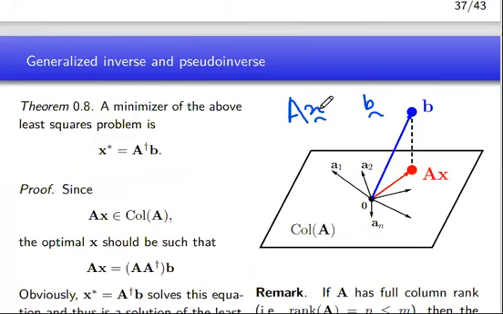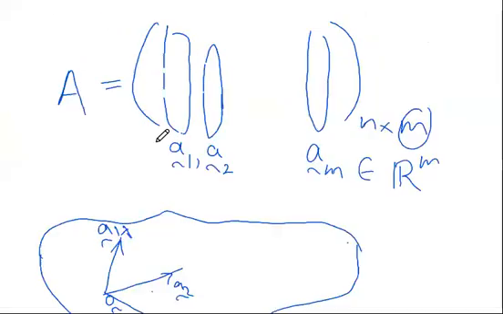Here, x is the variable, an unknown. So x1, x2, and how many x's are there? The dimensions should agree, so m number of x's.